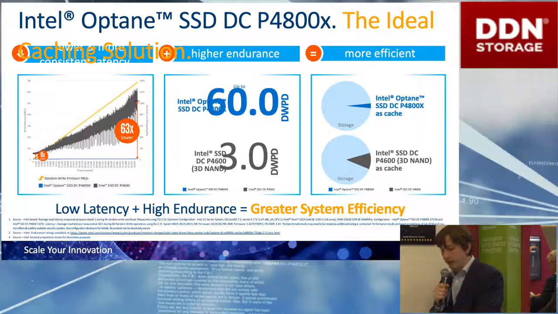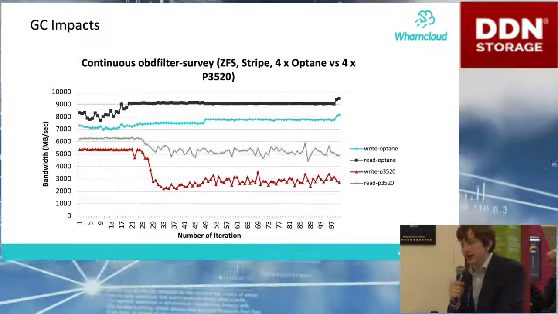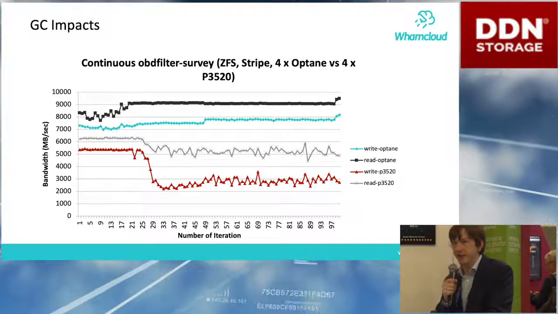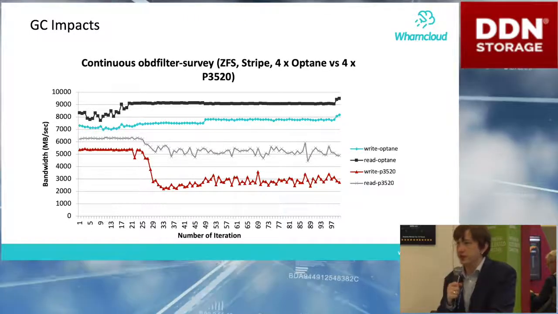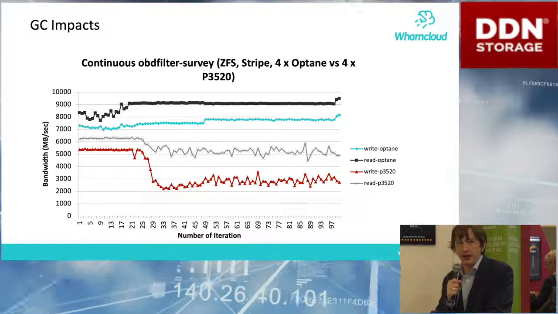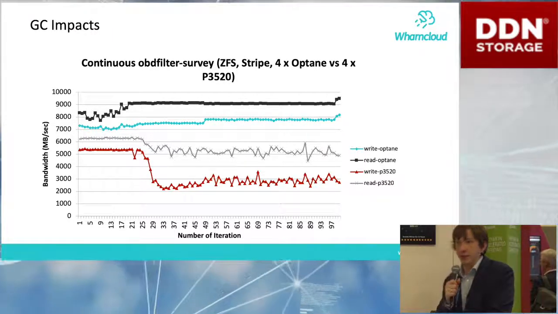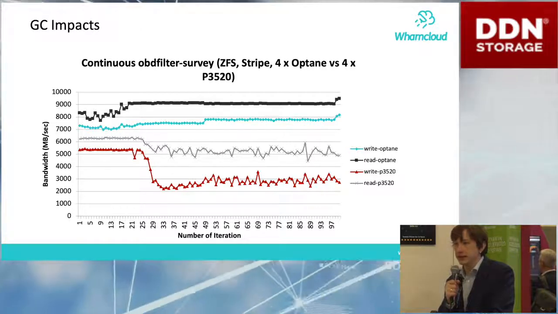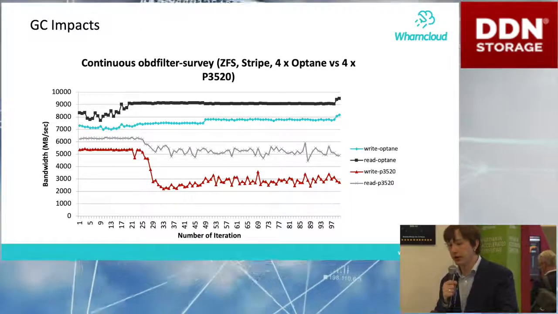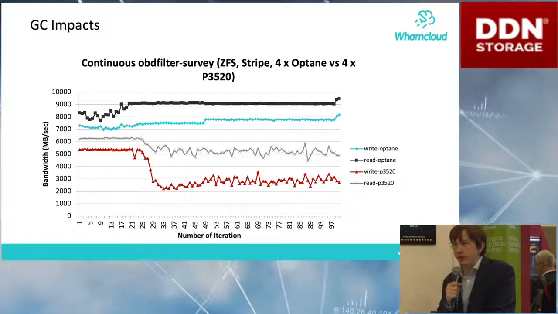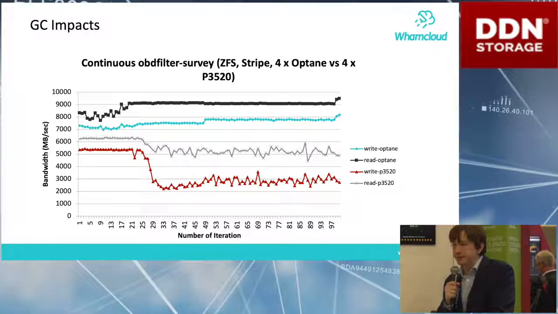So here I have an interesting piece of information to share that actually came from DDN, from the Lustre team within DDN under the OneCloud at DDN. And this is our first test of Optane SSDs in storage mode inside Lustre OSTs and comparing them to very good NAND-based SSDs.